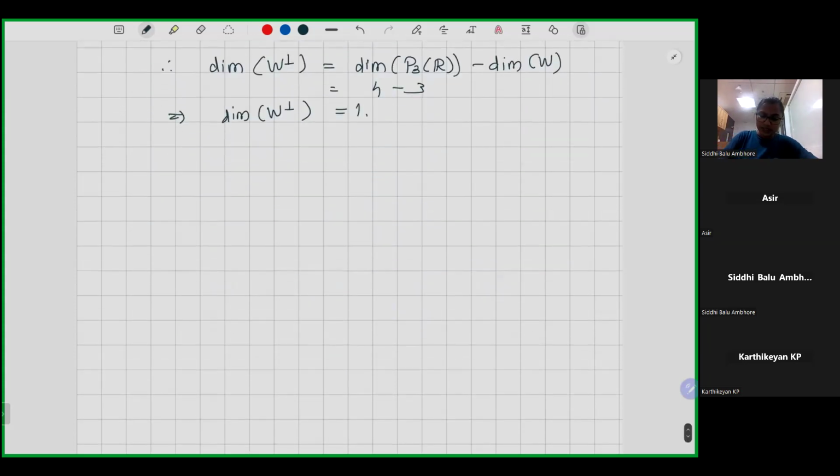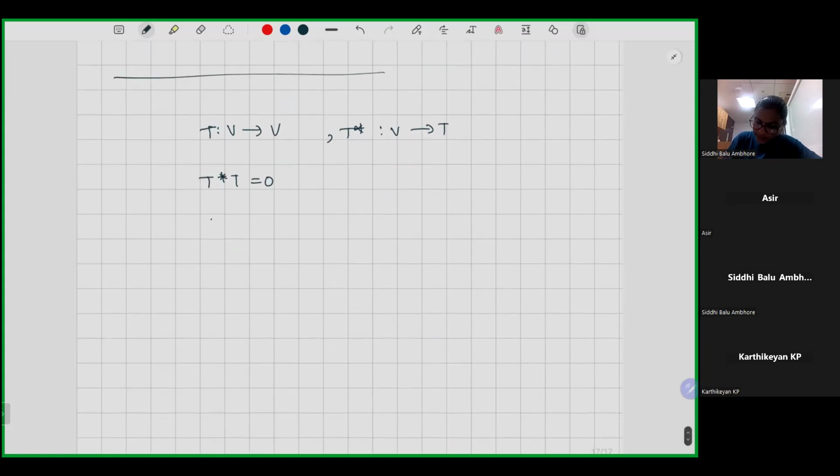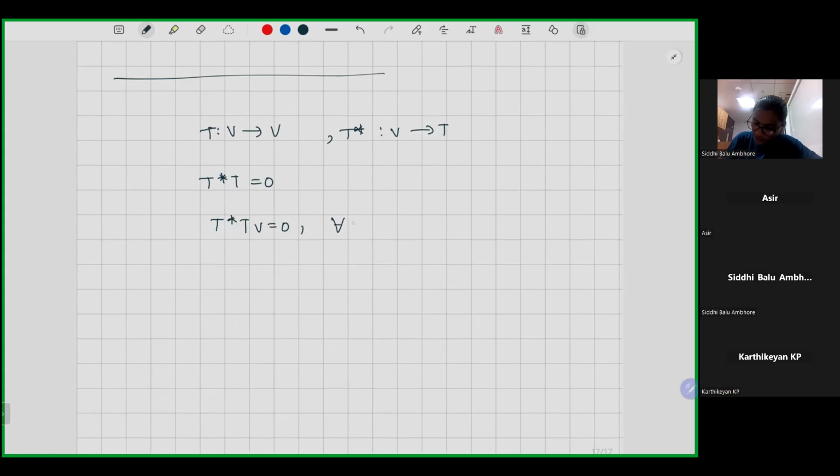So T is a linear operator from V to V, and T star is again from V to V. When we write T star T is equal to 0, it means T star T(v) is equal to 0 for all v in V, so it is the zero linear transformation.